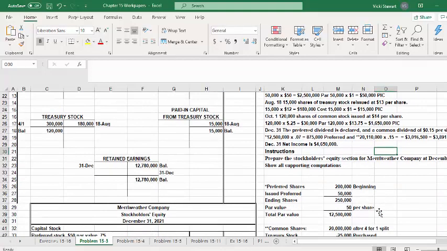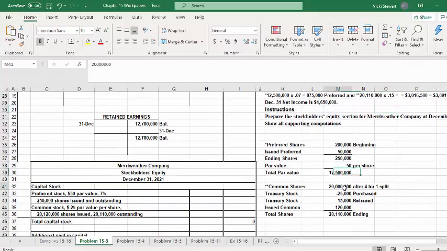In order to determine the common stock dividend, we need to know how many common shares are outstanding. So we had 20 million shares after the 4-for-1 split. We purchased 25,000 shares of treasury stock. So treasury stock does not receive dividends. However, we reissued 15,000 of the 25,000, so we would add those back, and then we issued another 120,000 shares.